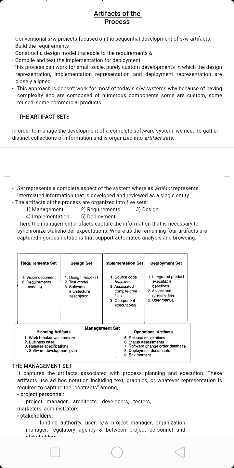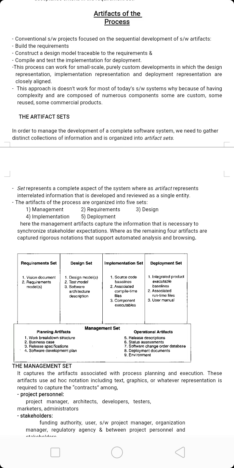So for that we are taking some artifact sets. In the artifact sets, to make the development of the complete software system manageable, distinct collections of the information are organized into sets. In these artifact sets we are taking the collection of the same information.